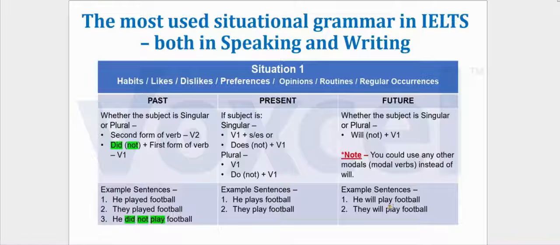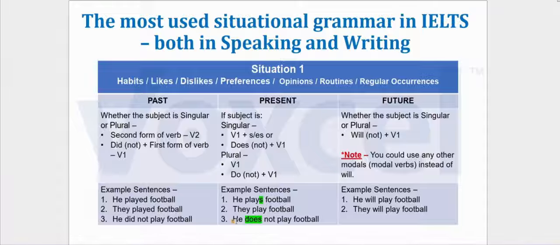And let's see, we want to negate the present. He does not play football. He is singular, so with singular we use does. And remember, when you use does, you will not use plays. That s comes with do. So another thing you can remember is, when you are using does with singulars, you will not use this particular s.